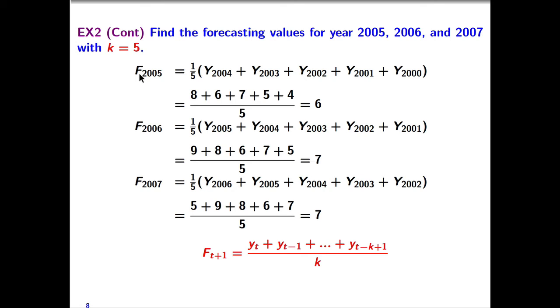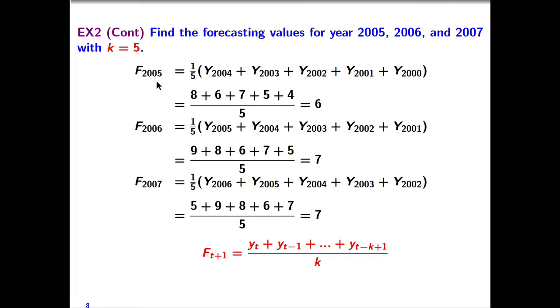Now, F is the forecasting value. So you have F of 2005, and this is the future value. And you want to take the most recent data points to do our forecasting. So you have F of 2005, that's t plus 1, that's your future value.